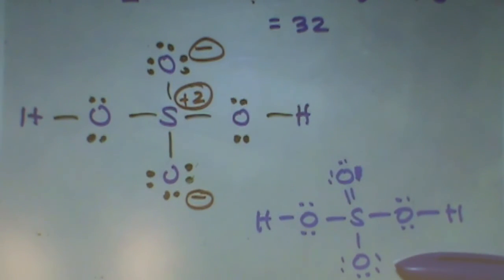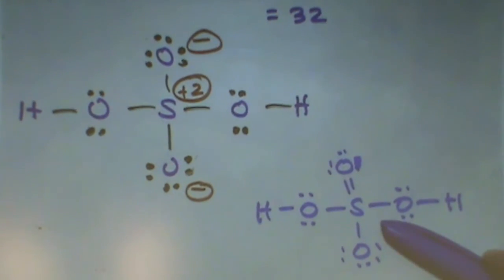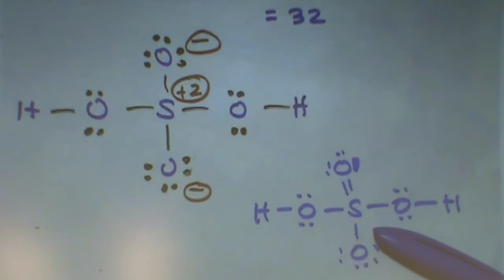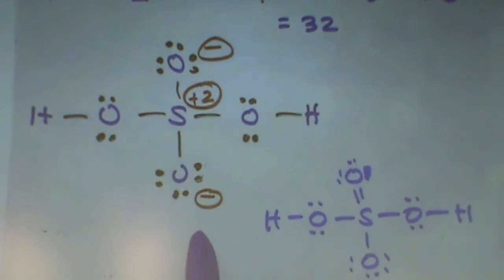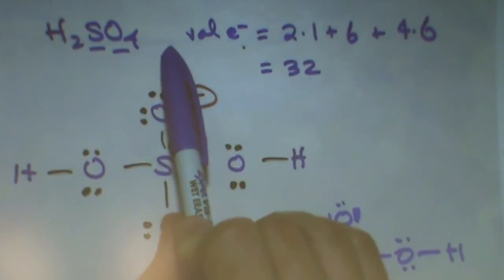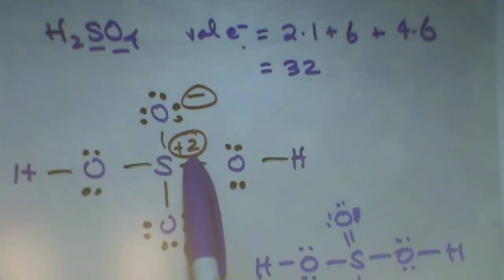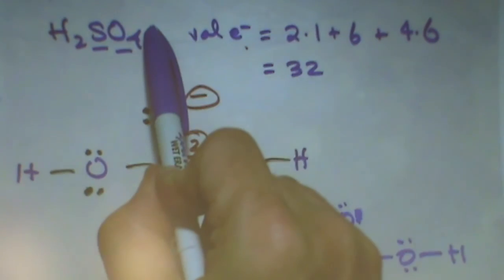Formal charge of this one down here? In column 6, there's 7 things around it. It's over by 1. It's a -1. How about the sulfur? +1. Notice that the sum of the formal charges will always equal the overall charge on the molecule. So -1 + 2 - 1 will equal 0.